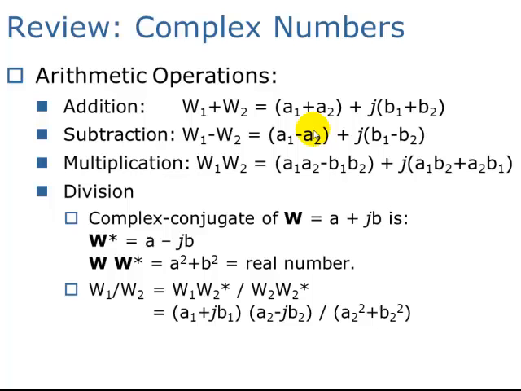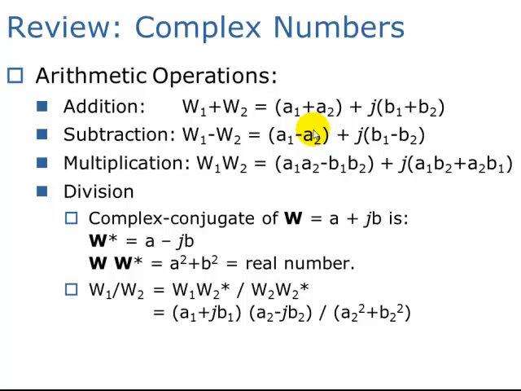All right, arithmetic operations. So we're talking about addition, subtraction, multiplication, division. When you're adding, it is best to add using rectangular coordinates. The real parts add, the imaginary parts add. Same with subtraction, do it in rectangular form. When you do multiplication, you certainly can do it in rectangular form, as is shown right here, but it turns out that multiplication is better done in polar form.